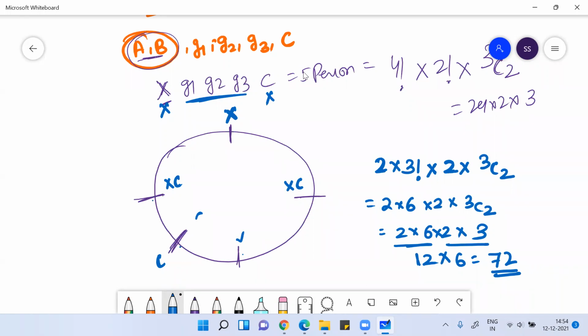Out of the 3 ladies you have to choose 2 ladies, and the third lady should not be next to those 2 ladies. Yes, sir. In those 3, we'll consider only 2 of the ladies. So we'll get 6 into 2 is 12, and 3 gents is as it is, so it is 6. 12 into 6 is 72.